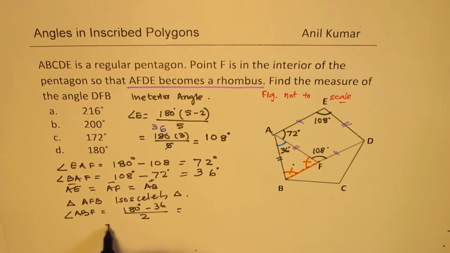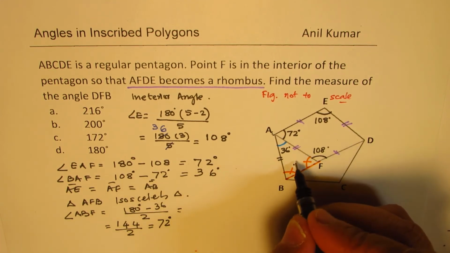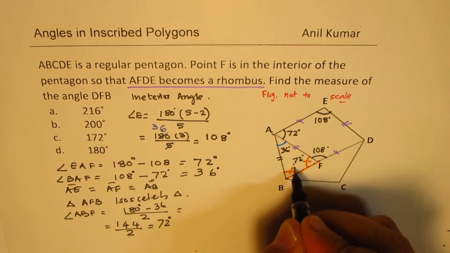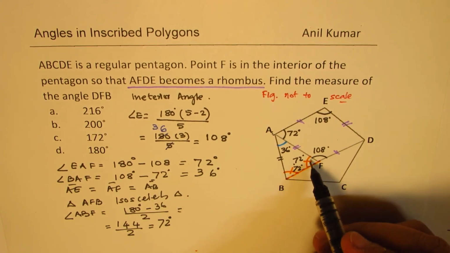Let's calculate. 180 minus 36 is 144, divided by 2, and that gives you 72 degrees. So these two angles are 72 degrees each. Correct?